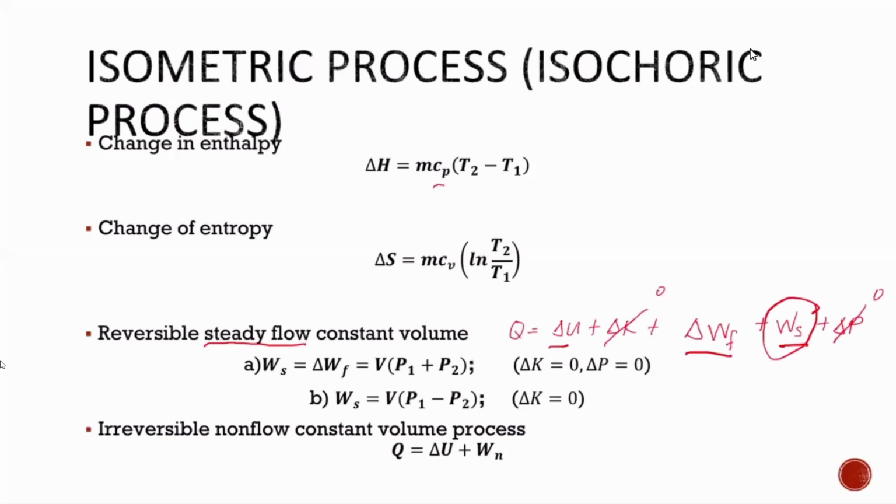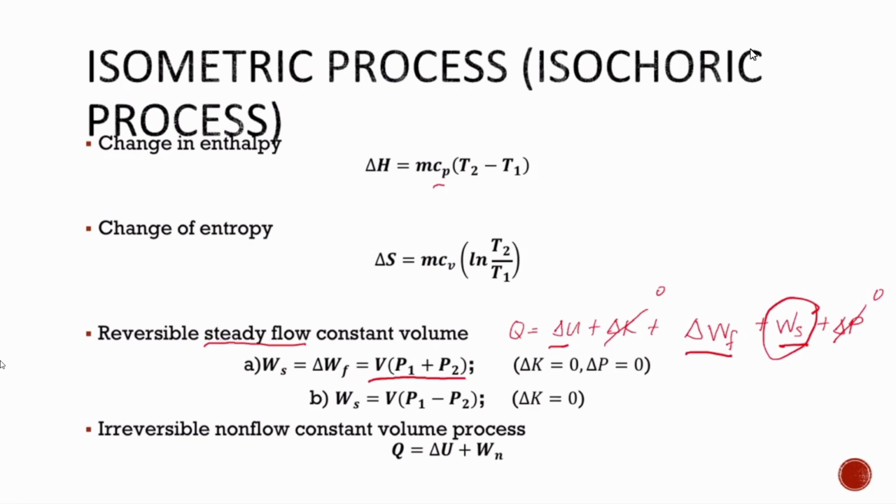Nakuha natin, na-determine natin ito, si steady flow work or work under steady state system. Oh my, mali ata ang kopya ko, ang aking type. We have this delta work or the change in work, which is equal to the constant volume multiplied by the sum of P1 and P2, assuming that the delta K and the potential energy changes are equal to zero.